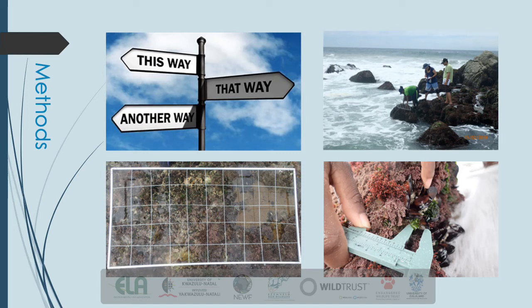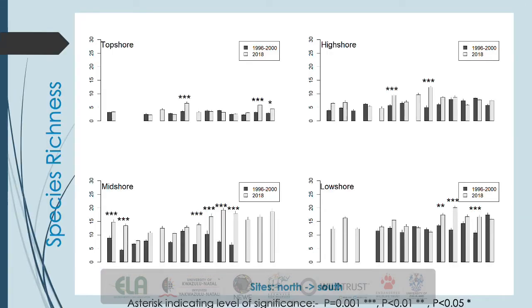When we compared the species richness, we found that there was an increase in species richness from the 1996 study to the 2018 study. As you can see, the dark gray blocks represent 1996 and the light gray blocks represent 2018, and the asterisks are an indication of significance.